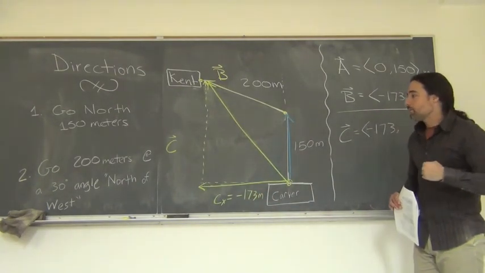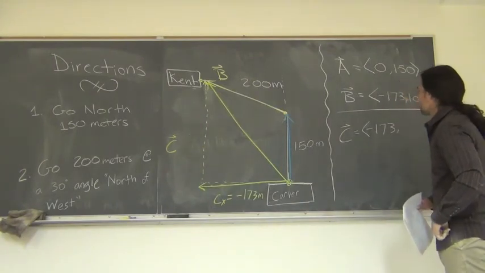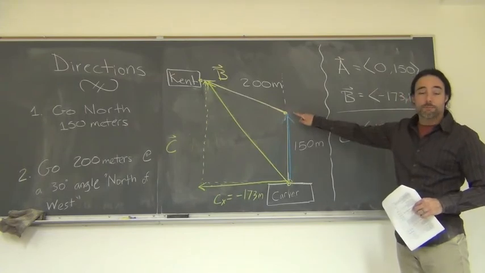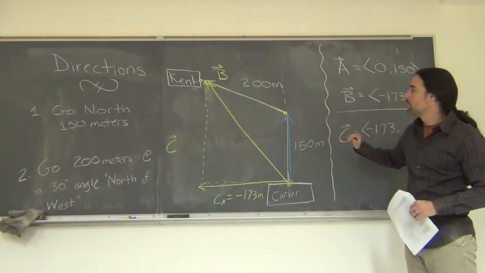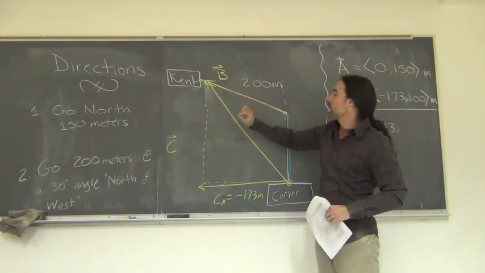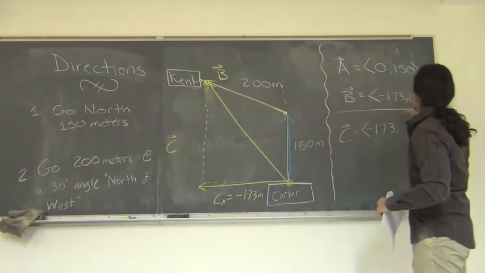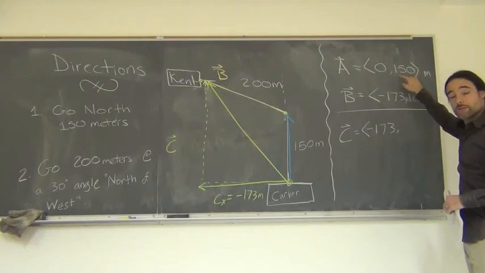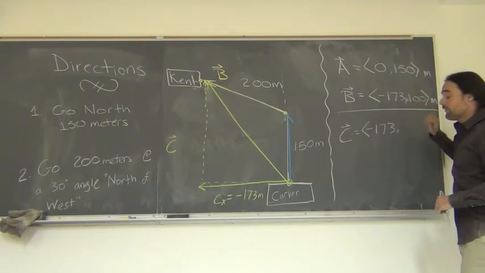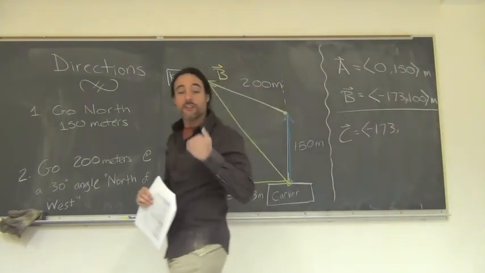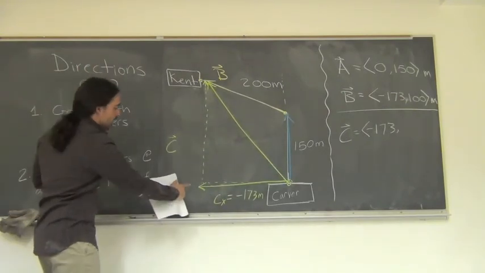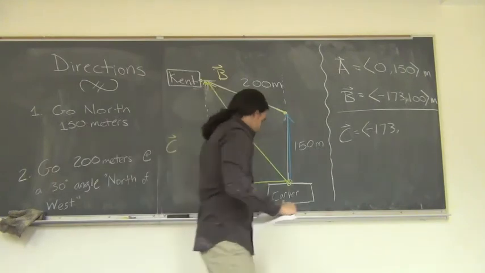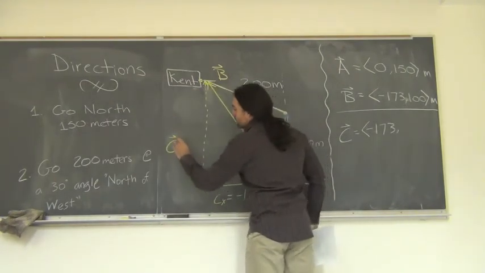What about the y component of C? Well, first vector A went up by 150 meters. Then vector B went up by a certain amount. It went up by an extra 100 meters. So you go 150 meters, then you go an extra 100 meters. That's a total of 250 meters from start to finish.